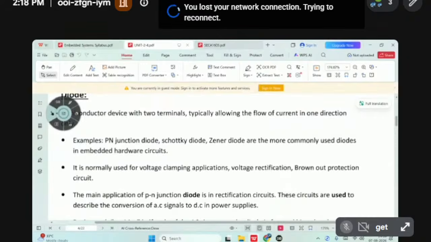To know how much voltage we have at that time, we can use the diode concept. How many electrons will be moved, how much power will be supplied. With the help of this I can know the status of the application. It is normally used for voltage clamping applications, voltage rectification, brownout protection circuits.